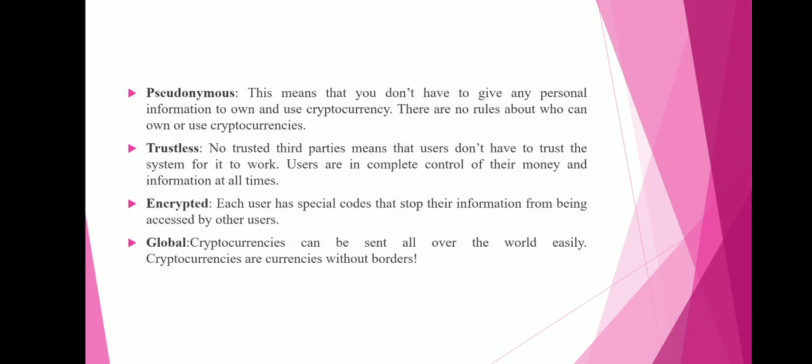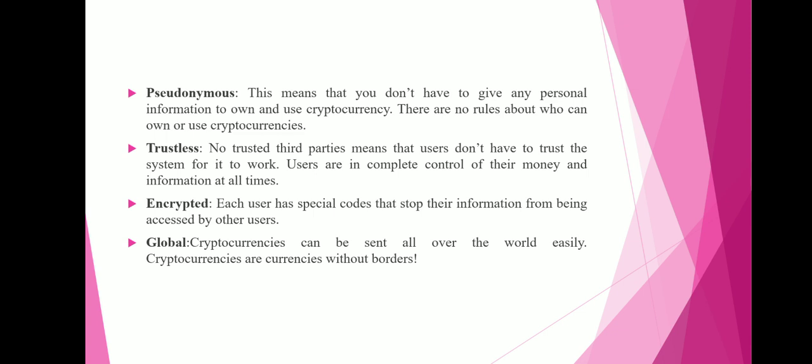One more property is pseudo-anonymity. What is meant by anonymity? Anonymity is nothing but that the persons or users who join the network should not have their identity revealed to others. That is pseudo-anonymous. Whenever you join the Bitcoin network or the blockchain network, you don't have to give your personal information to purchase the cryptocurrency.